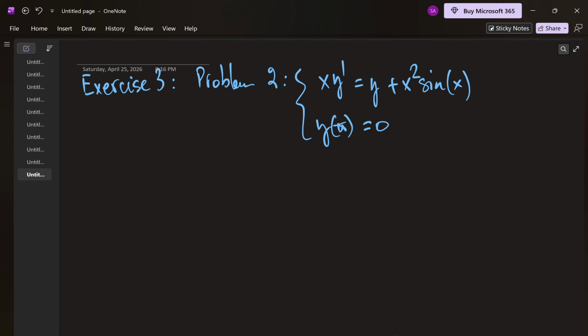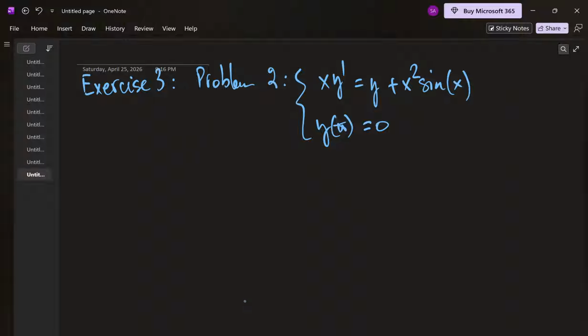So I didn't do any mistakes, I continue. Now we use the method of integrating factor because it is very quick with respect to the other method.